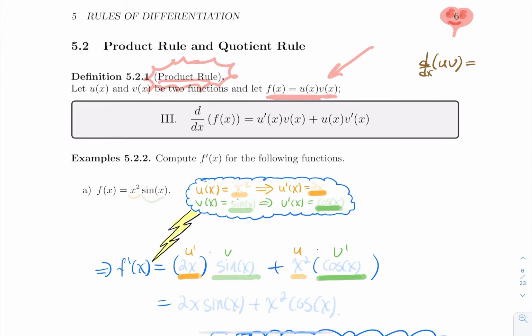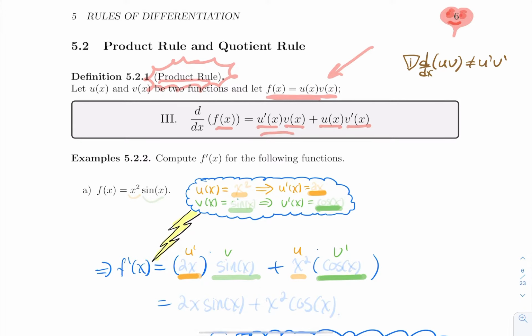So the goal of a question about rules of differentiation, where your question starts as a product of two functions, you have to show me that you're using the product rule. So the rule is the following. If f is u times v, then f prime is u prime times v plus u times v prime. So even if you start with only one term, which is a product of u and v, you get two terms.